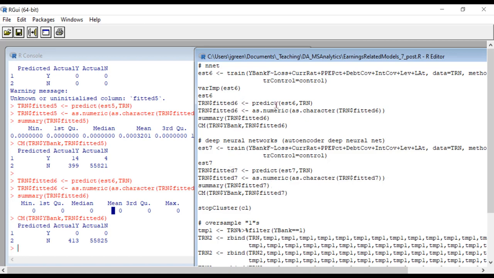So what I wanted to do then is add a different type of neural net model, called deep neural networks. The specific one I'm using here is an autoencoder deep neural network model. There are other ones too. There are lots of different types of neural network models, just like there are lots of different types of regression trees.